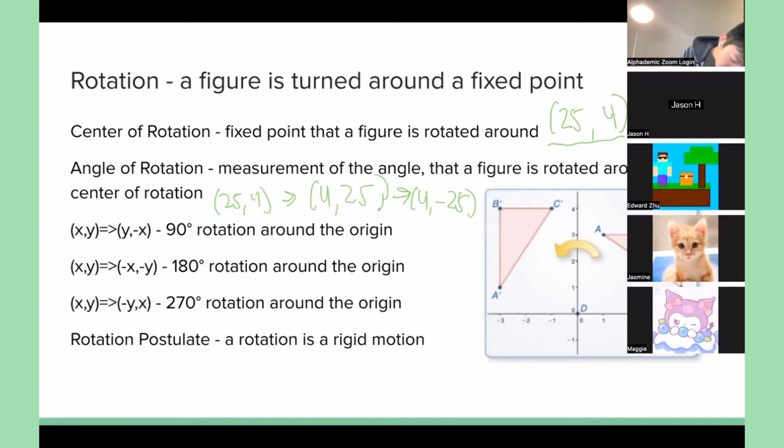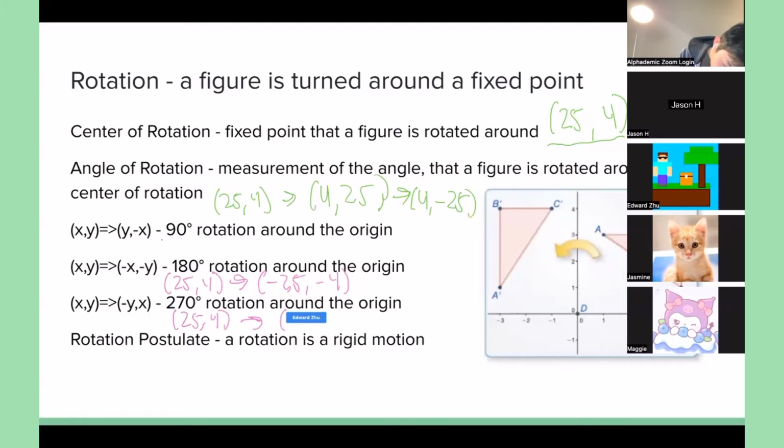For the next one, we would, of course, as always, write it down here. Start off with (25, 4). This one's a lot easier. You just put a negative in front of both the x and the y, and we are good. And then lastly, for this one, we would first, of course, swap the x and the y around.